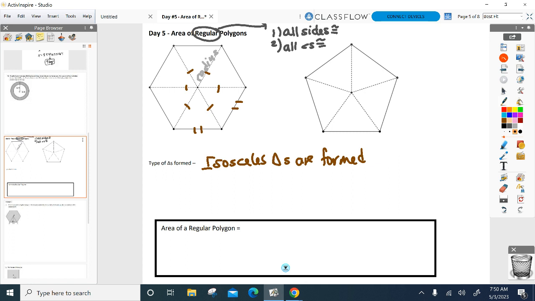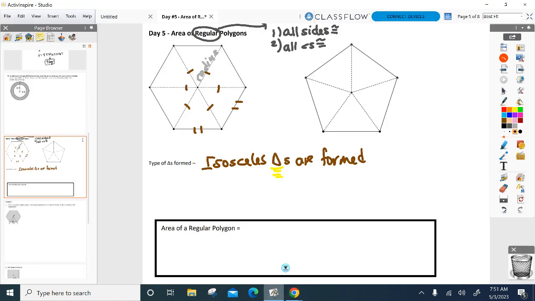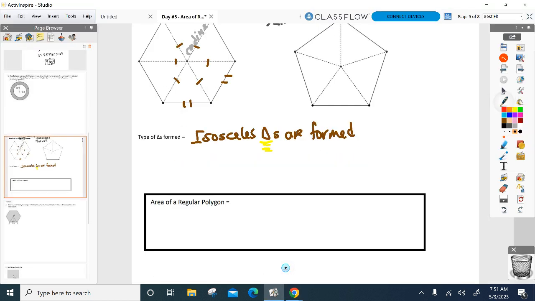So I'm not going to give you a new formula. You're going to use a formula you already know and use it to find the area. Notice we wrote isosceles triangles. You know the area formula for a triangle? Yep. So here's how we're going to find the area of any regular polygon.